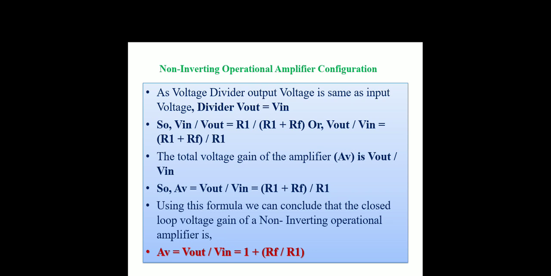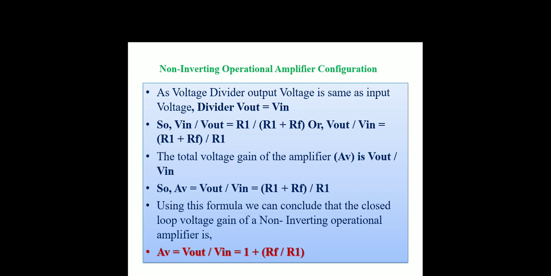The total voltage gain of the amplifier, that is AV, is Vout upon Vin, we know. So we can conclude the formula for closed loop voltage gain for a non-inverting op-amp as AV is equal to Vout upon Vin is equal to 1 plus RF upon R1.